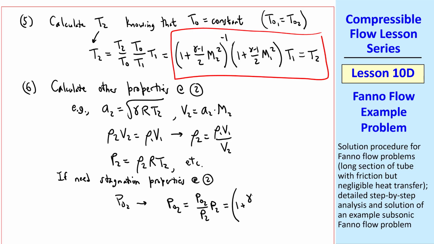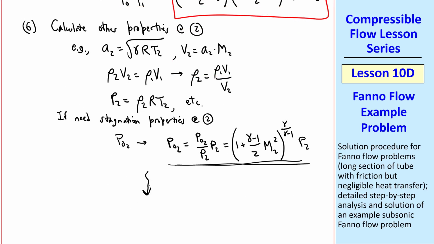And again, since 2 is a state, we can use our old isentropic equations, even though this flow is not isentropic. Another way to think about it is that this equation for P0 over P2 is being applied at a point or a state 2, and thus we have an expression for P02. And we can get other properties as needed.